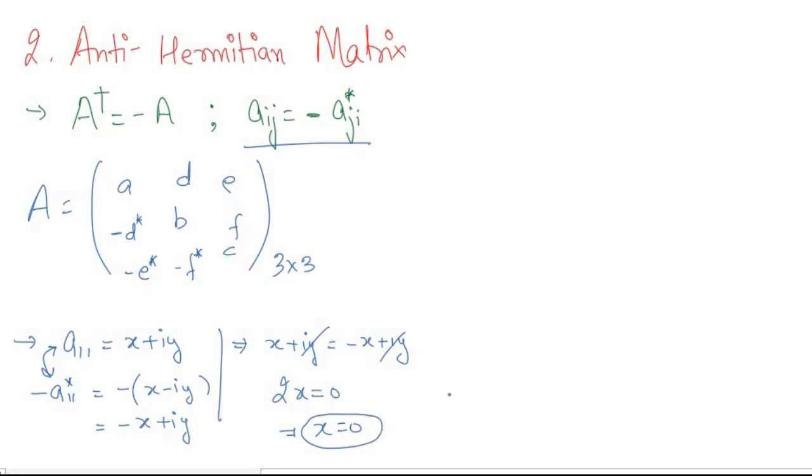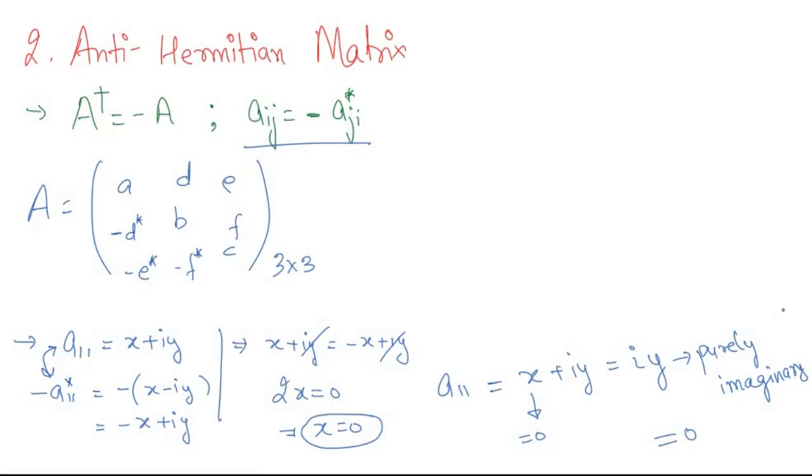The element A11 was x plus iy, and from here we have concluded that x is equal to 0, so it is iy. So the diagonal elements can be purely imaginary, or they can be zeros, because 0 transpose is 0 and its negative is 0.